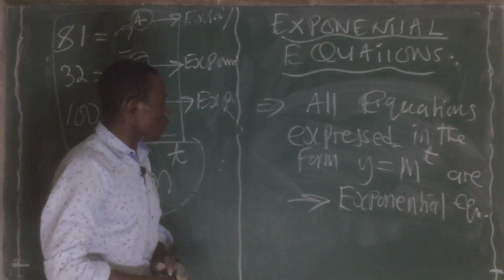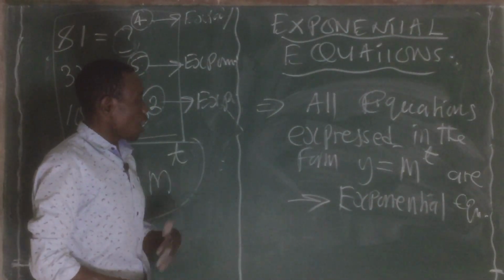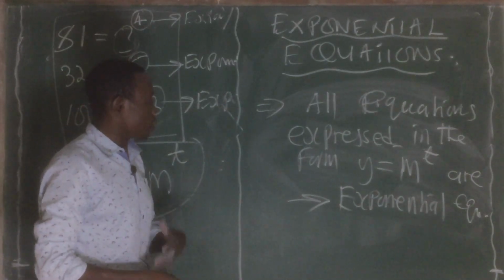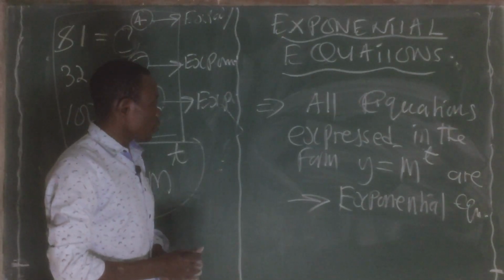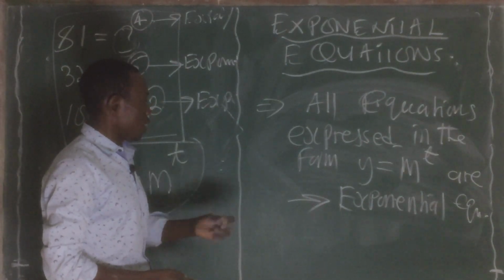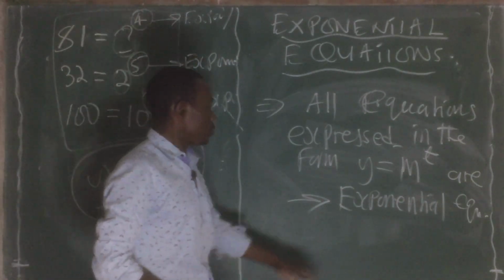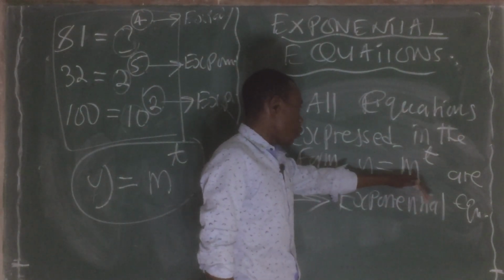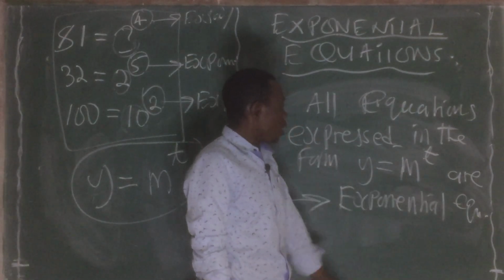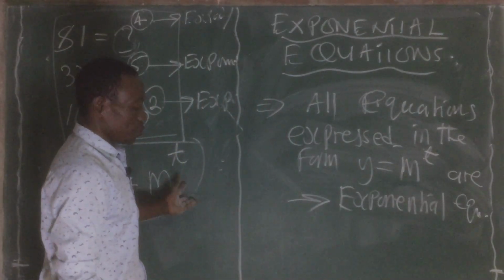It means exponential equations always have at least a variable which has an exponent. So try to understand what an exponent is. It's just a number on top that tells you how many times to multiply the number down there, which you call a base.